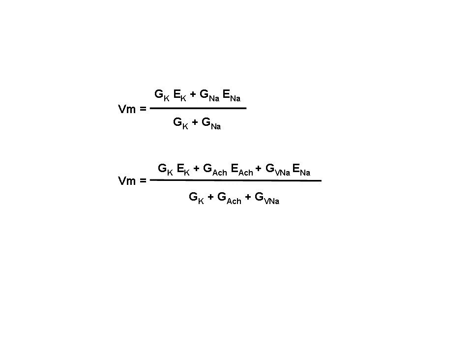And as these voltage-gated sodium channels pass sodium ions, the GVNA is multiplied by the sodium Nernst potential. The GK is multiplied by the potassium Nernst, equilibrium potential. However, the nicotinic acetylcholine channels are not potassium or sodium selective channels.